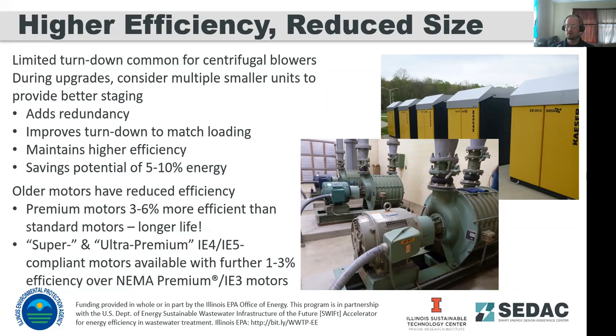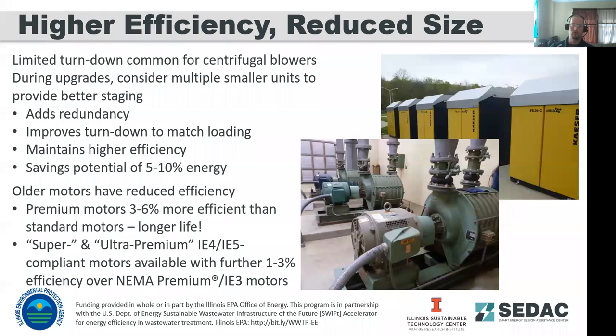You'll also maintain higher efficiency of those individual units because you can operate them closer to their best efficiency point more consistently. Typically, we see savings potential from resizing units and right-sizing units somewhere between 5 and 10%, if it's just a standalone resizing without additional controls. If you then add VFD operations to those, that savings potential can increase significantly.